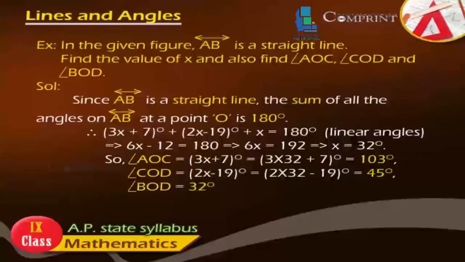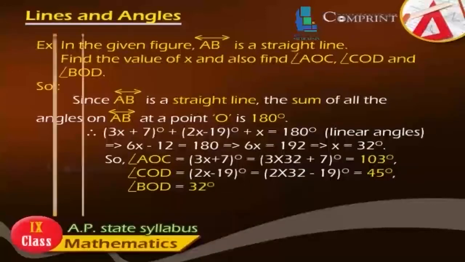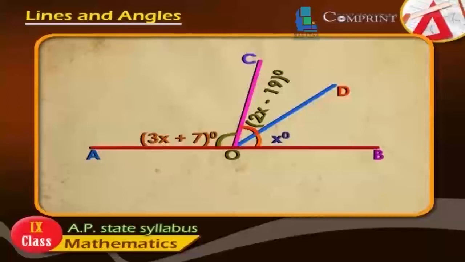Example, in the given figure, AB is a straight line. Find the value of x and also find angle AOC, angle COD and angle BOD. Solution.